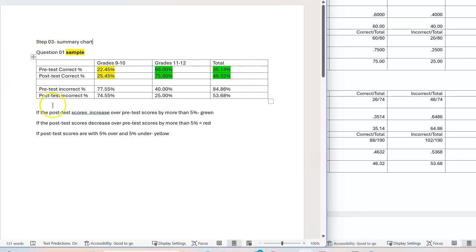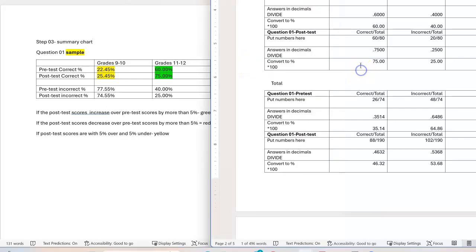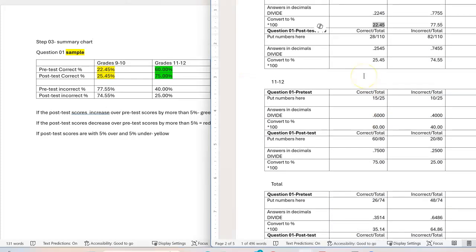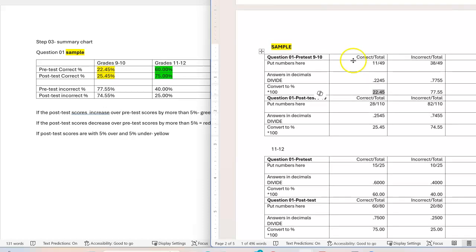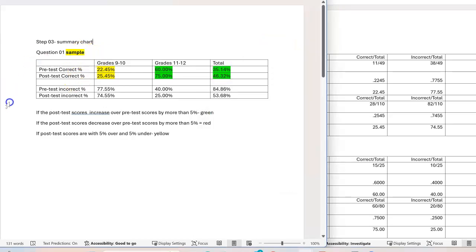So you're going to do this for questions 1, 2, and 3. You're going to take the information from step 2 and put it into the chart in step 3.